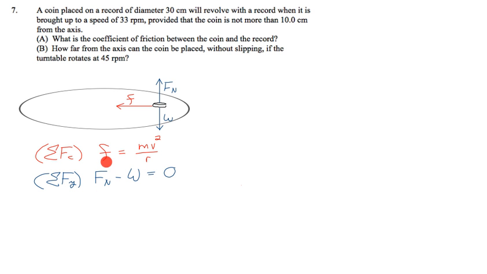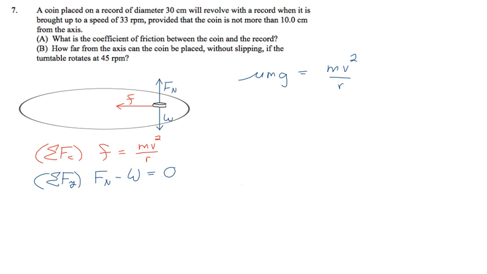And I know friction equals mu Fn, so what I can do is write that mu mg equals mv squared over r. So all I did was take this equation and replace friction with mu mg, and then I just rewrote mv squared over r.